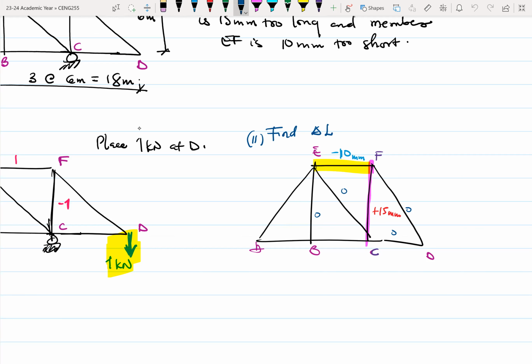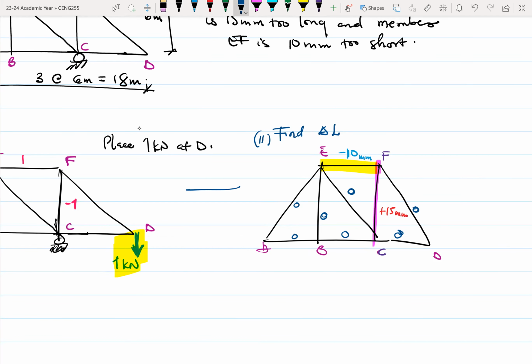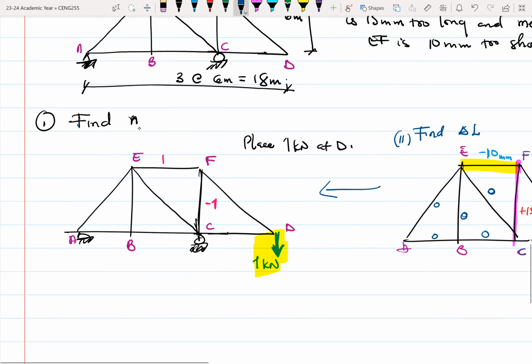So this is 0 over here, this is 0 here, and 0, 0, 0, 0, 0. So the only members you are concerned with are members EF and CF. This then would inform you as to which members to find the forces in when you are dealing with the unit load.